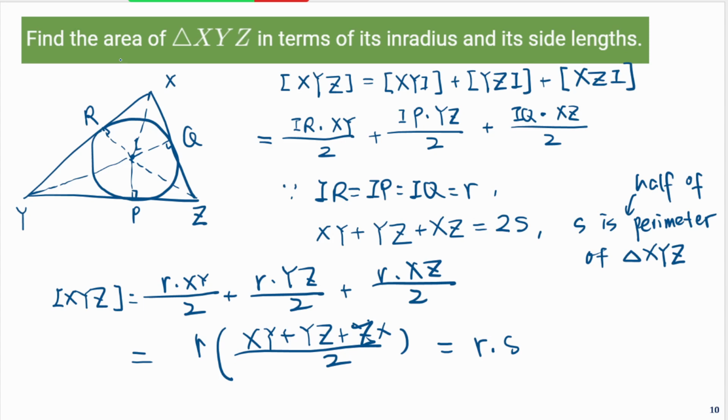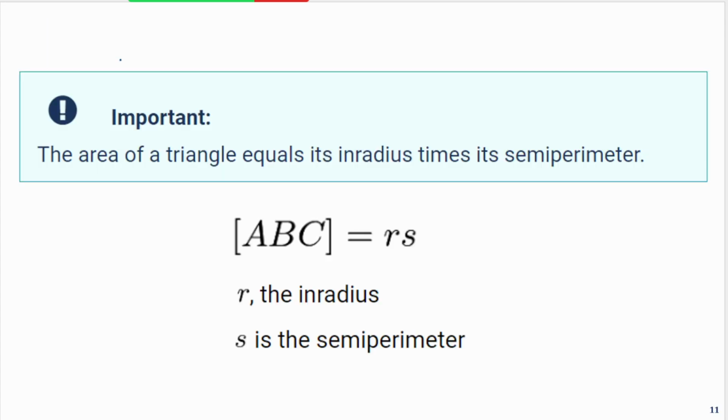So this tells us we can use the inradius and side lengths to find the area of any triangle XYZ. In summary, the area of a triangle equals its inradius times its semi-perimeter. Area of triangle ABC equals rs, where r is the inradius and s is the semi-perimeter. Are you clear?